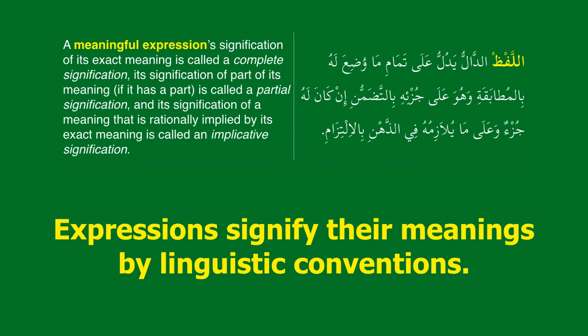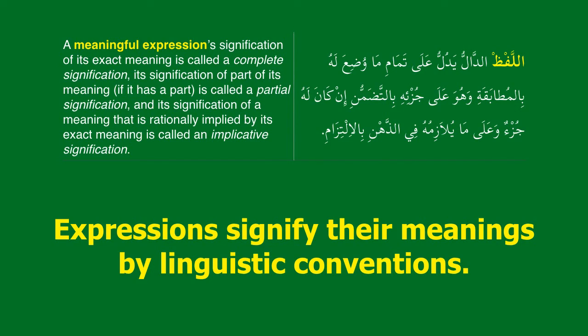So anyone who speaks English, the people who speak this language, they have a convention that the word man indicates a particular meaning. And those who speak Arabic, they have an understanding that the expression rajul, which means the same as man, has a particular meaning.